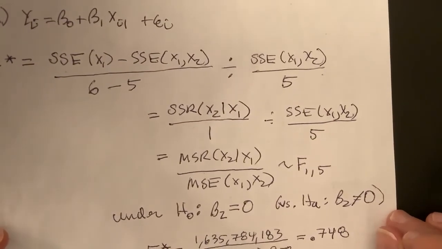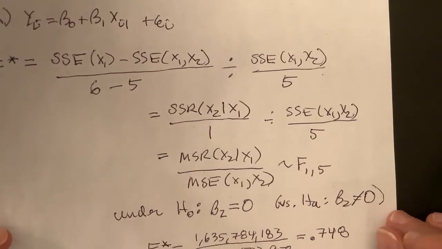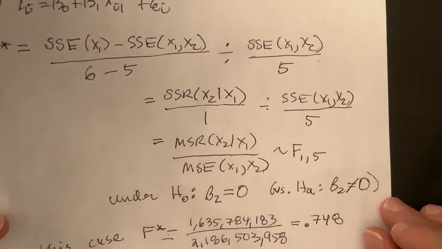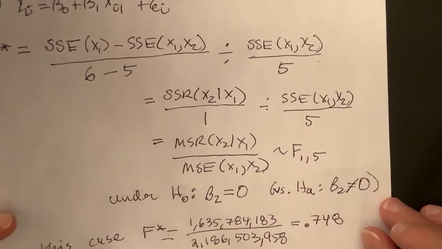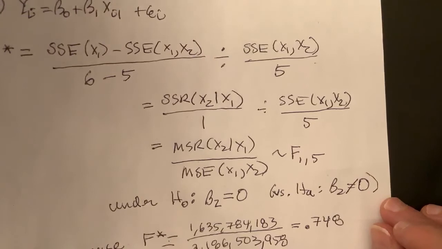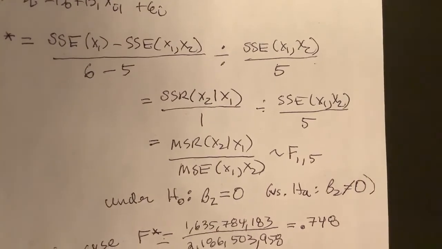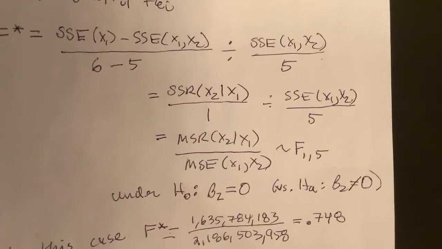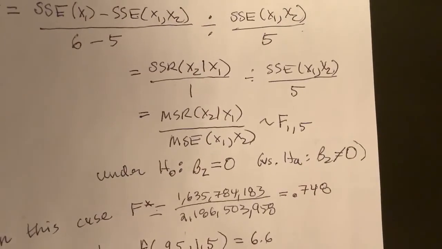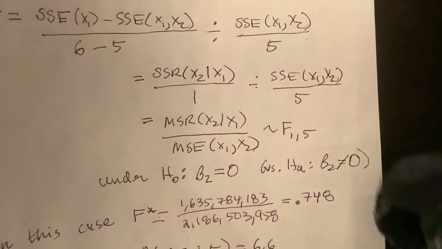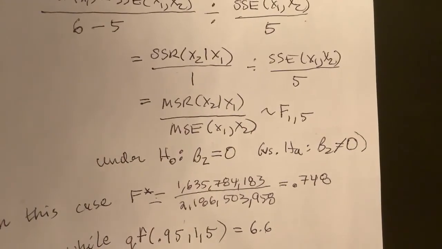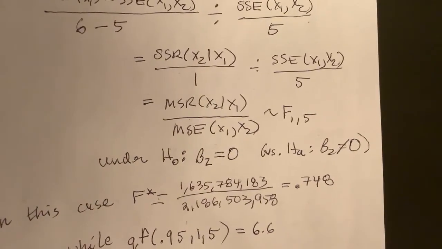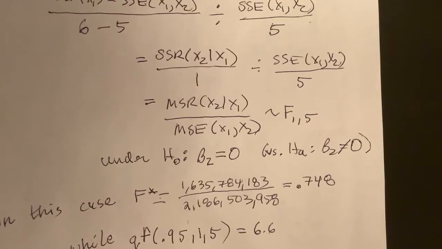And then you can use the mean square notation, MSR x2 given x1 over MSE x1 x2. And this is F distributed with 1 and 5 degrees of freedom under the null hypothesis, which in this case is beta 2 equals 0. And then HA would be beta 2 not equal to 0.